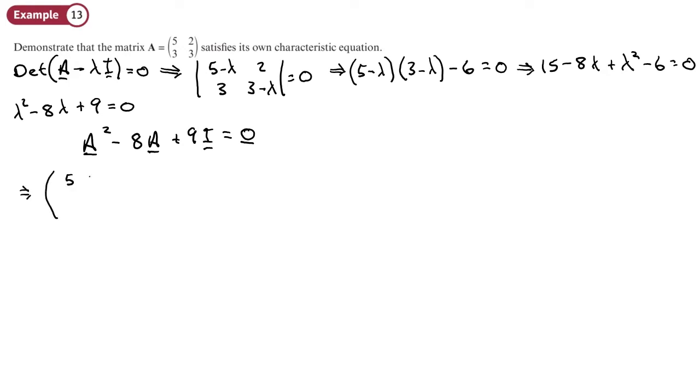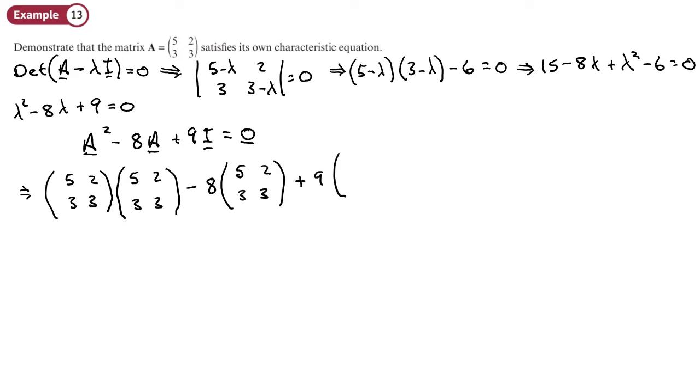So 5, 2, 3, 3 squared, so we're multiplying it by itself, 5, 2, 3, 3. Then we subtract 8 times A, where 8 is the scalar, plus 9 times the identity, and we want to see if that gives us 0. First, let's multiply out these two matrices, basically A squared.